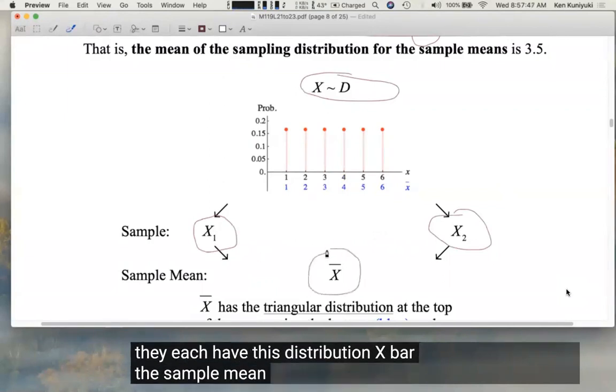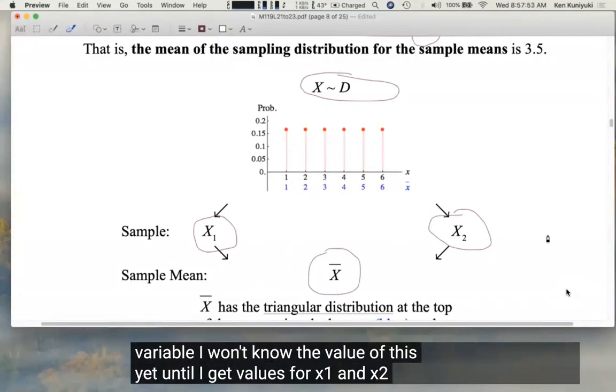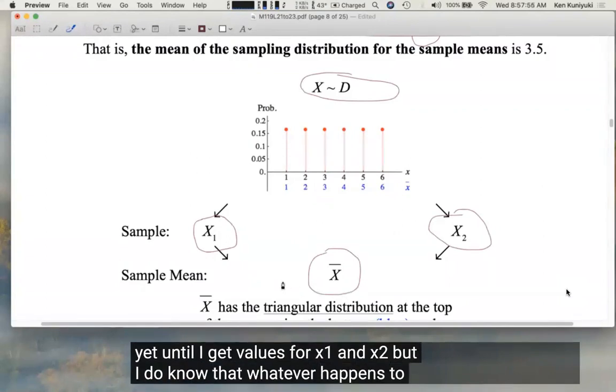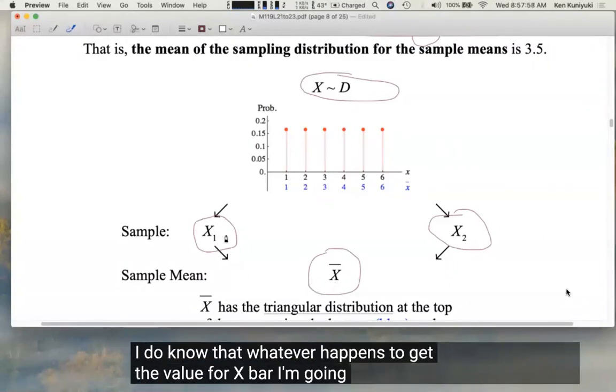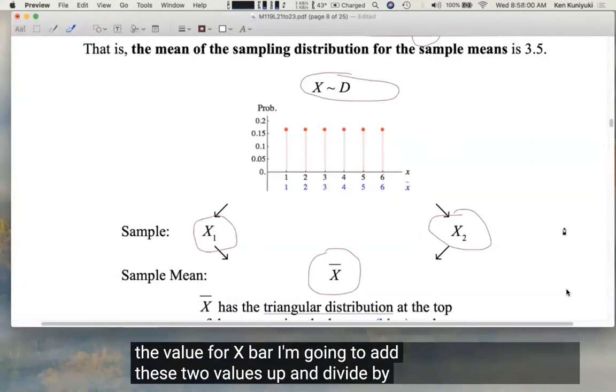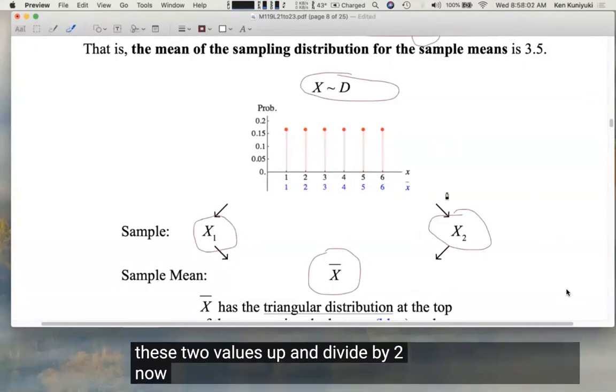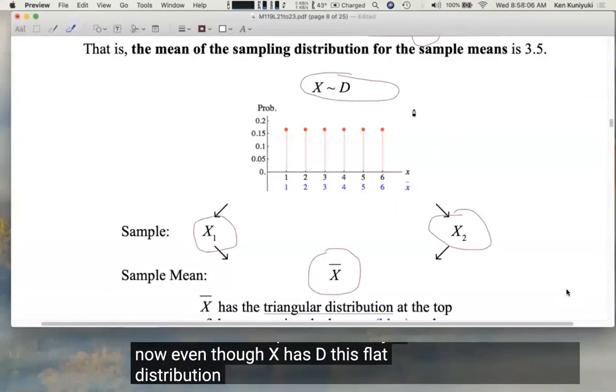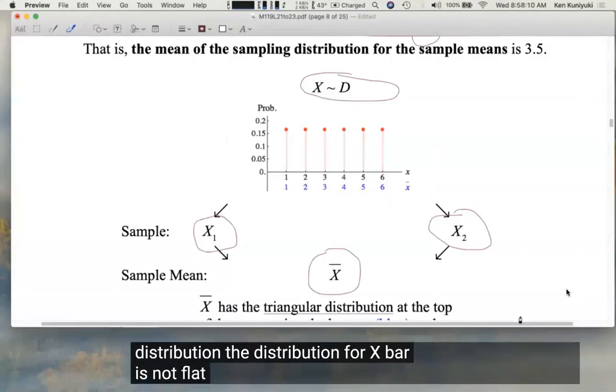X bar, the sample mean, is also a random variable. I won't know the value of this yet until I get values for x1 and x2. But I do know that whatever happens, to get the value for x bar, I'm going to add these two values up and divide by 2. Now, even though x has D, this flat distribution, as its Big Daddy distribution, the distribution for x bar is not flat.